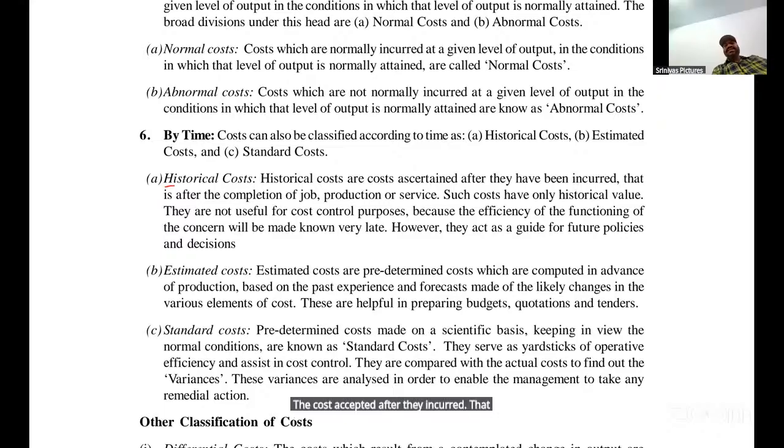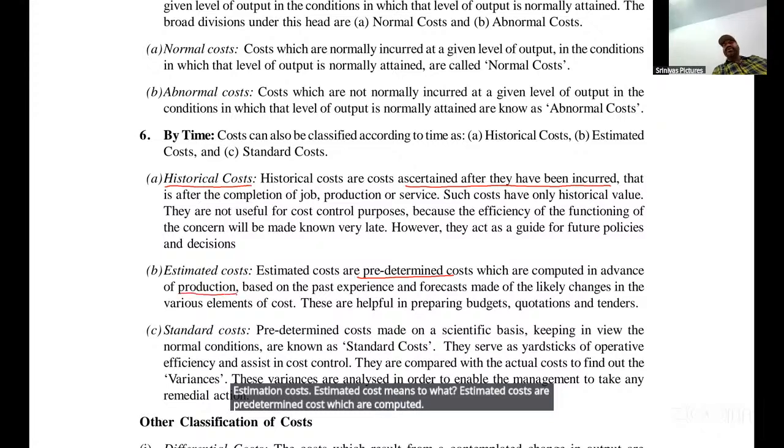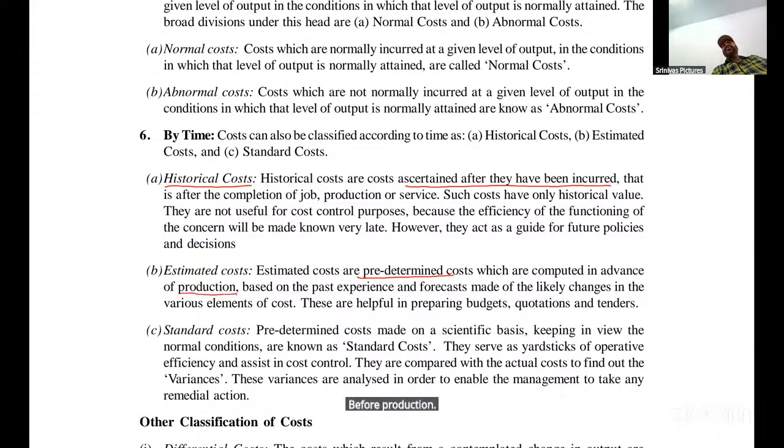That is called historical cost. Estimated cost means what? Estimated costs are predetermined costs which are computed in advance before production. See, we want to make biryani, so before that we estimate the cost. That is estimated cost. After completion of the biryani, whatever cost incurred, that is historical cost.